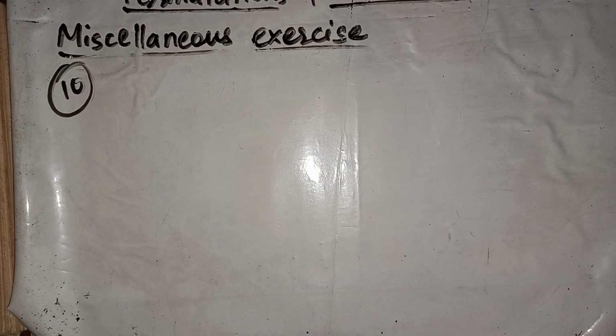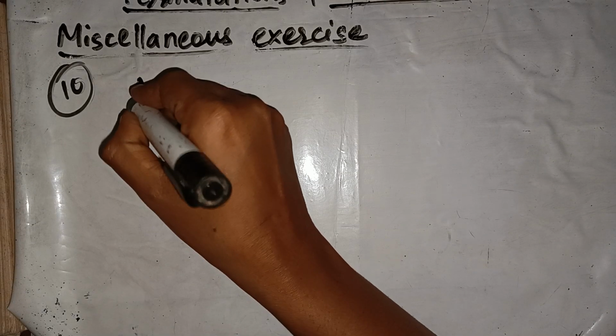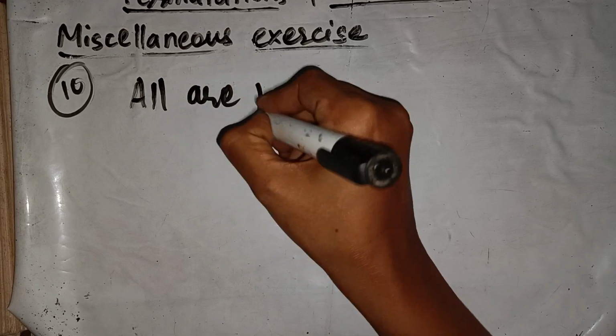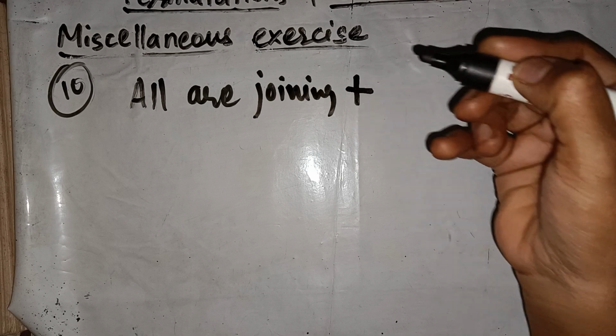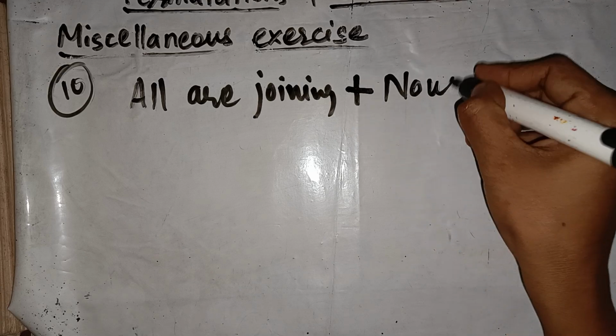Next question. From a class of 25 students, 10 are to be chosen for an excursion party. There are 3 students who decide that either all of them will join or none of them will join. In how many ways can the excursion party be chosen? Here "or" is given, which means we have to use plus. Either all are joining or none of them are joining.